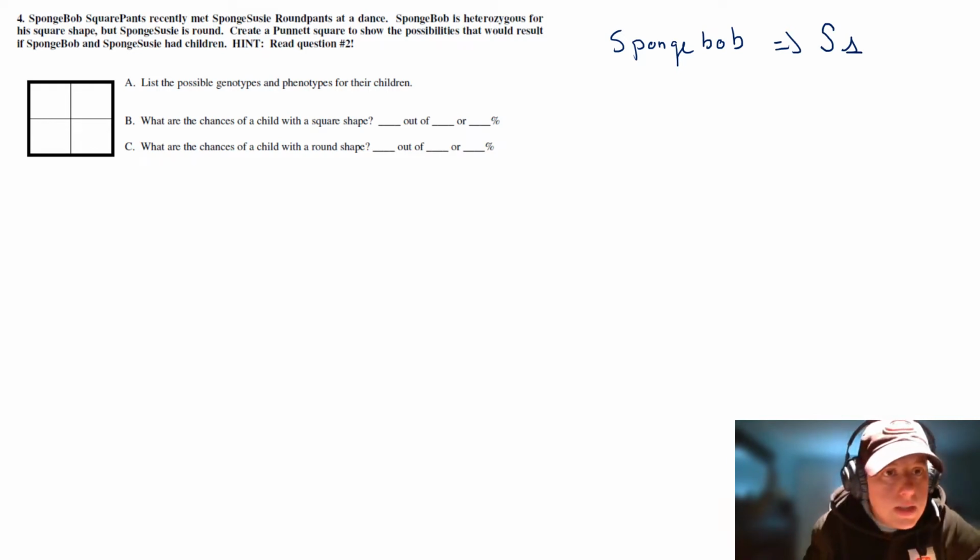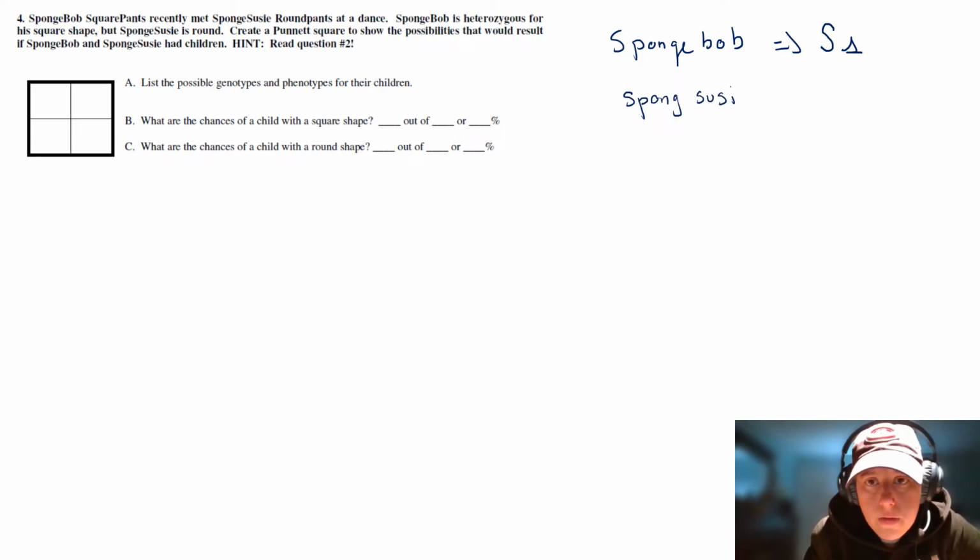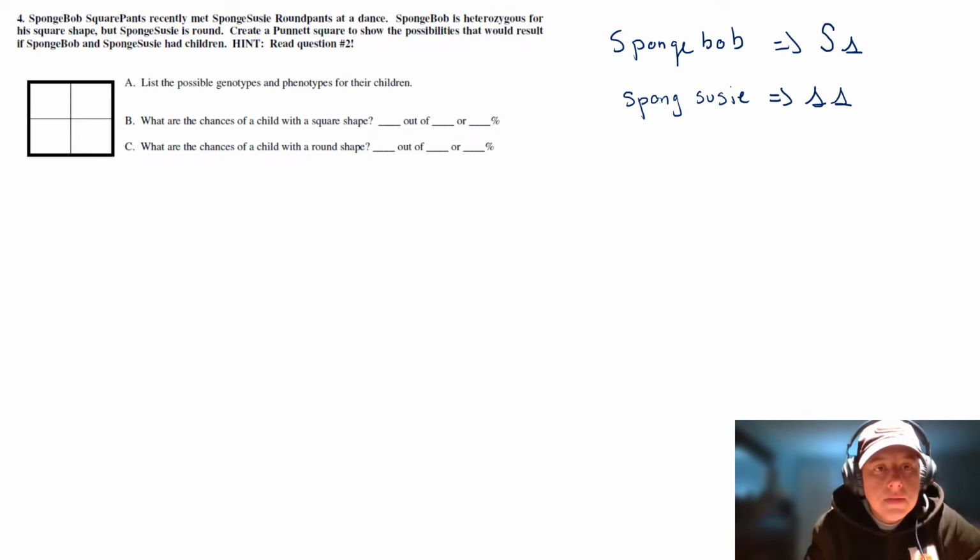But Sponge Susie is round. Now, round is the recessive trait, so the only way to show the recessive trait is to have 2 little s's. So now what we have to do is the Punnett square.